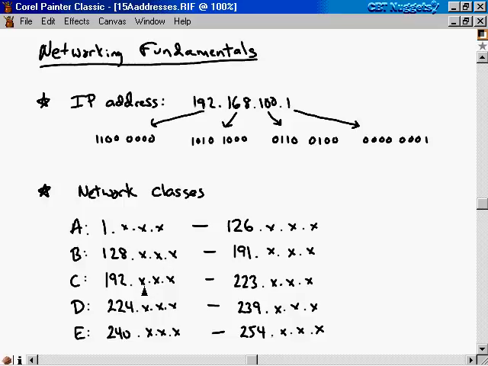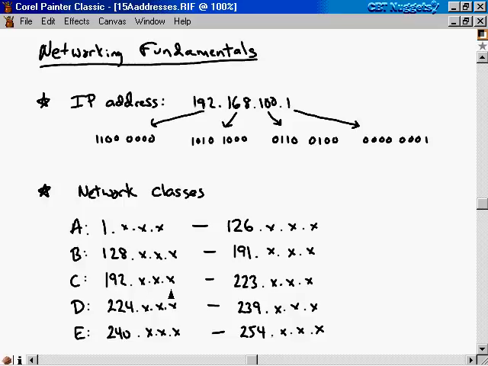Okay, then there are Class C networks. Class C networks fall in the range 192.x.x.x up to 223.x.x.x. If you own a Class C network, your network is defined by the first 3 octets of the IP address. So if I owned a Class C network, it would be something like 200.100.10, and then I would own 200.100.10.0, 200.100.10.1, and so on.